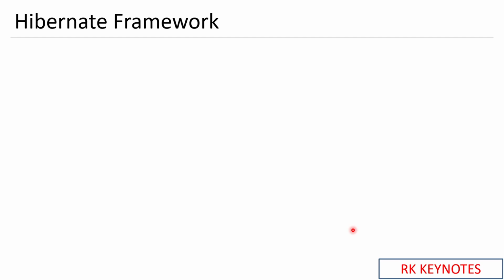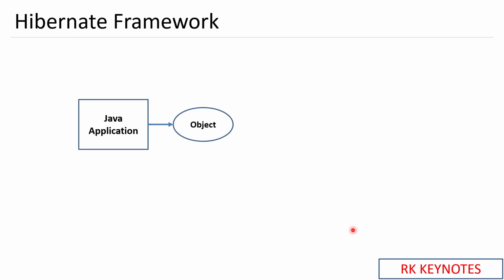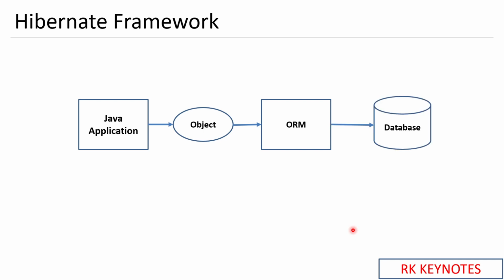Now, the third topic is about Hibernate architecture. So before that, let me give you one small glimpse about this. You can see that in the Java application we are going to have objects, and using the Hibernate framework, that is ORM, object relational mapping, all our objects will be mapped into the database table, right?